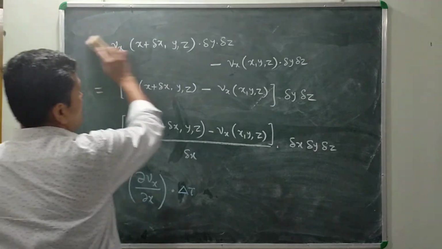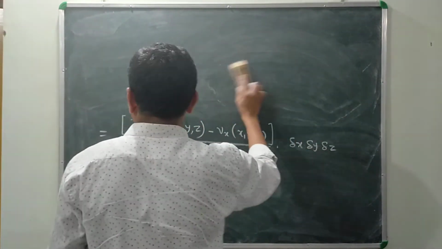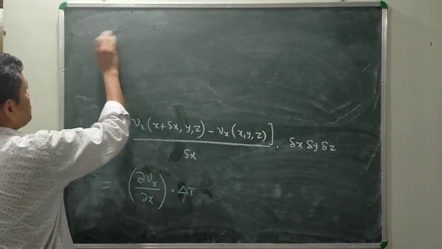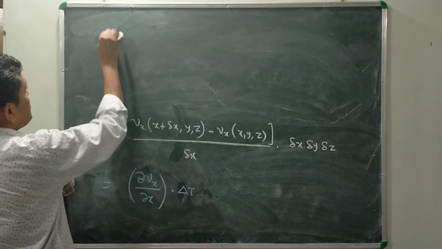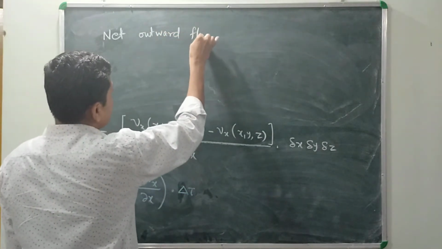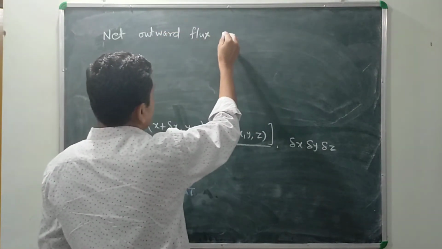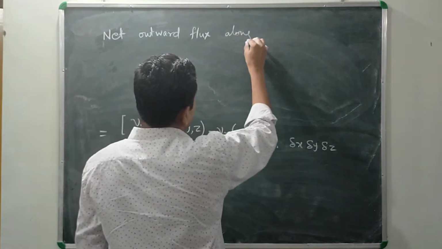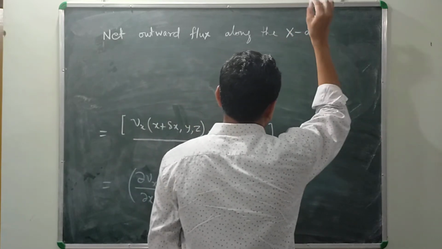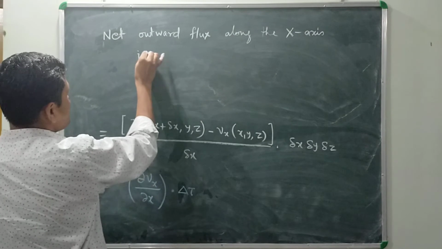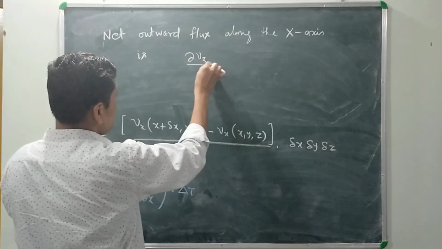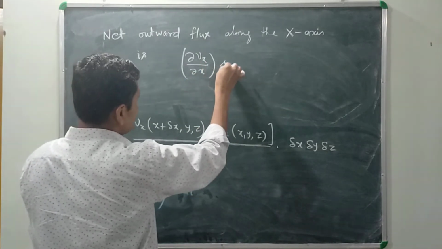So what we are getting here is very interesting. We are getting here that net outward flux along the x axis is dou Vx by dou x into delta tau.